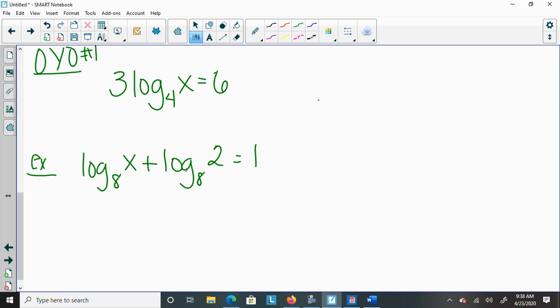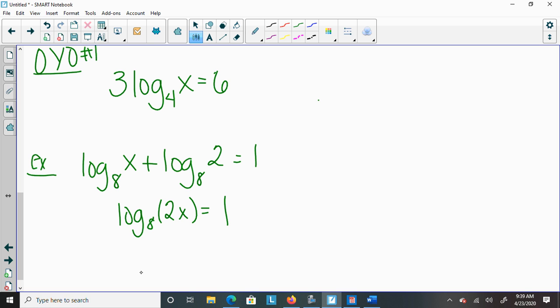If you have 2 logs separated with a plus sign, remember that means to multiply the things on the inside. So I'm going to rewrite this as a single log, log base 8 of x times 2, which is the same thing as 2x. I'm not going to put the x in the front because that's going to look weird. Okay, so plus in the log world turns into a times, and remember that a minus would be a divide. So if it was a minus, you would have the x over the 2 or whatever.